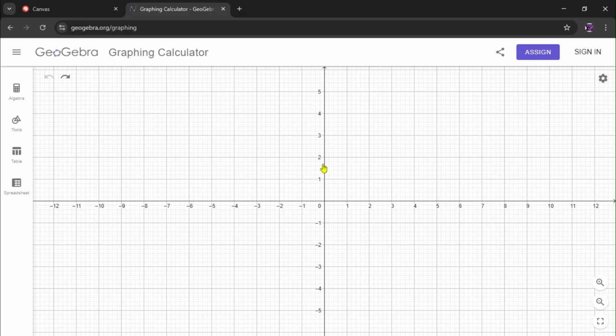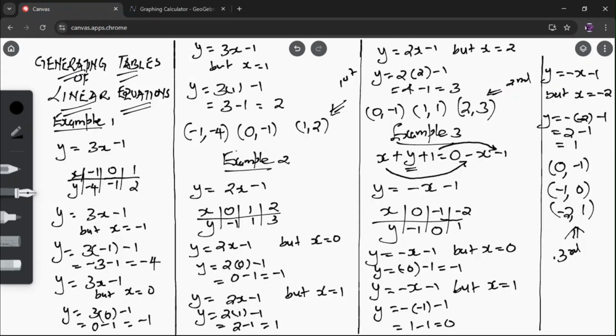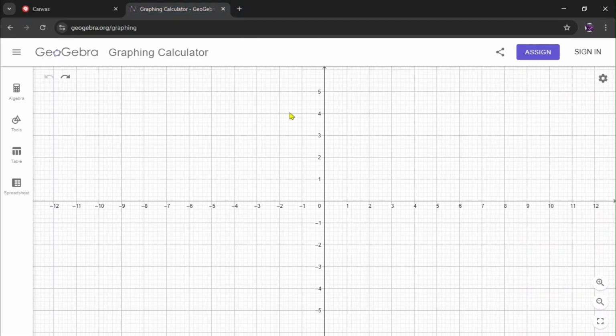You can pause the video, then you do the same. Draw the x-axis and the y-axis, and be careful to take care of all the coordinates. You can see the values of x and the values of y, the range that you're having here. So you make sure that your graph can accommodate that. All right. So you take your time, draw the graph. Then I want us now to plot together.